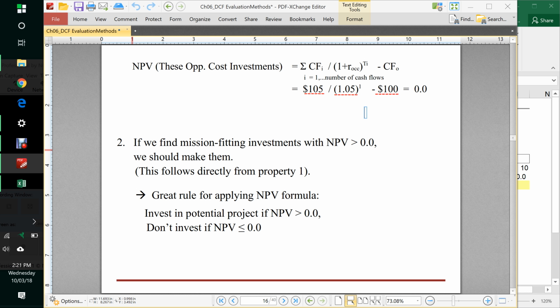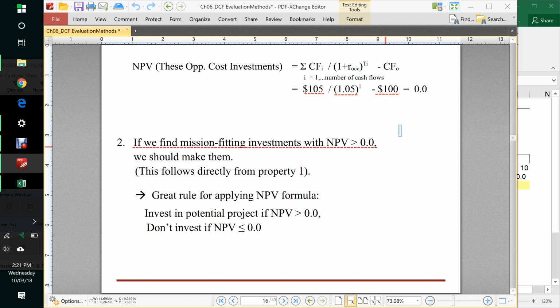The second thing we need to know about this is that if we find any mission-fitting investments with NPVs greater than 0, we should make them. Okay, so let's think about our Blue-Green example again. Our opportunity cost investment is to invest in Blue-Green because they have a diversified set of development projects they're doing all the time.